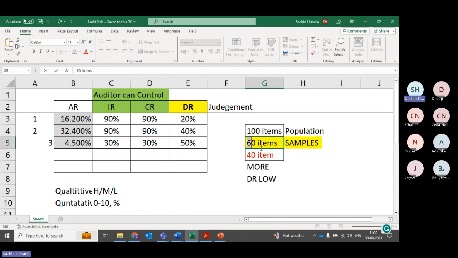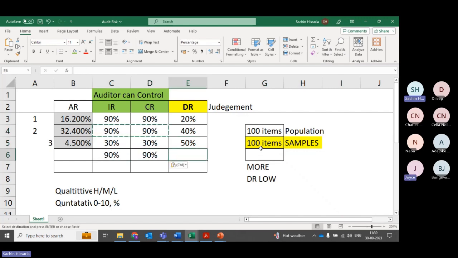What if you verify all the 100 items? If you verify 100 items, can I say that your audit risk, sorry, your detection risk would be 0%? Suppose you have verified all the 100 transactions, can I say your detection risk would be 0 since you have validated the whole population? Can I use this statement?